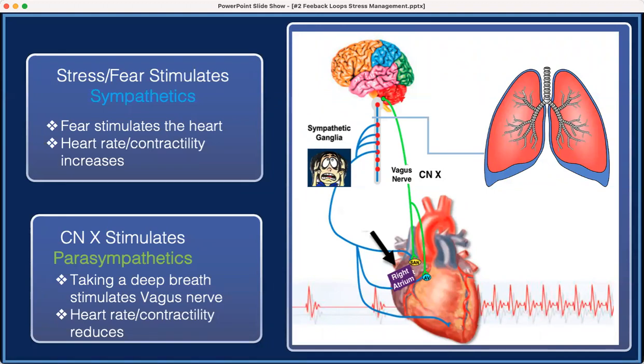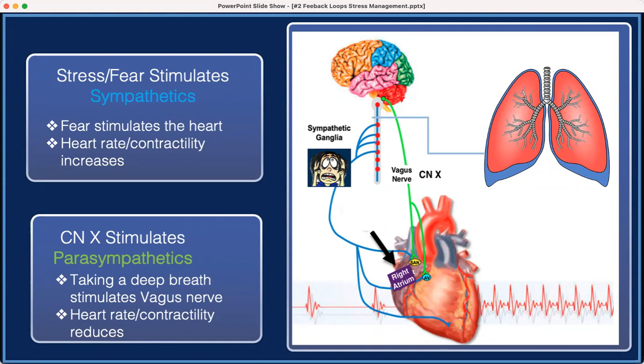Looking at this innervation in the heart, first, stimulation of the sympathetic nervous system, the fear response, increases the heart rate and also increases contractility, so your heart is beating harder and faster.